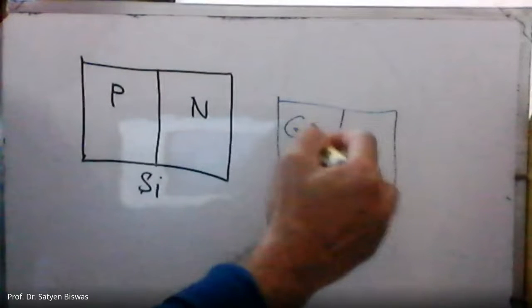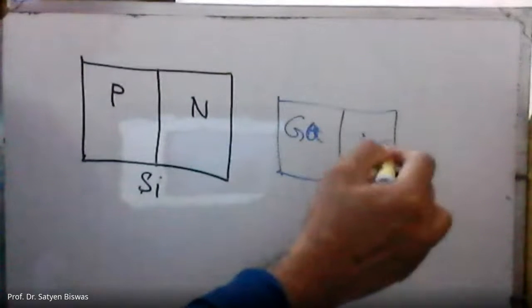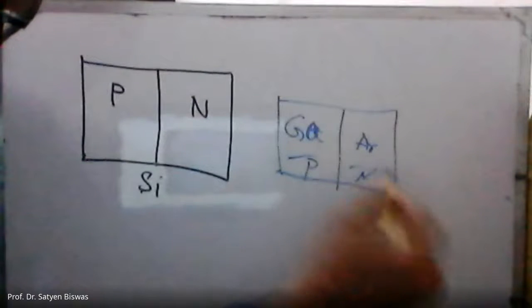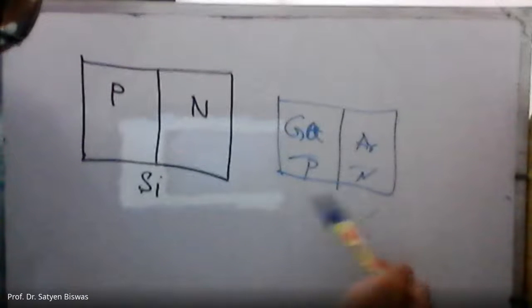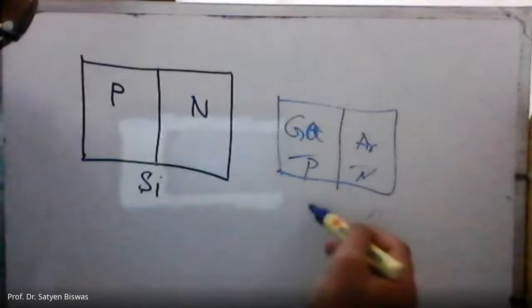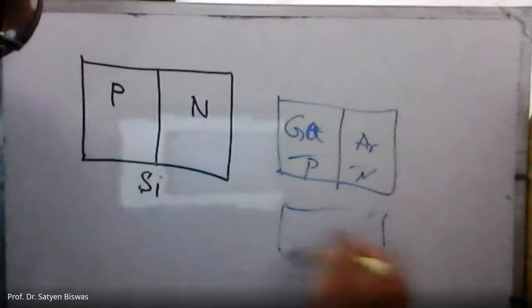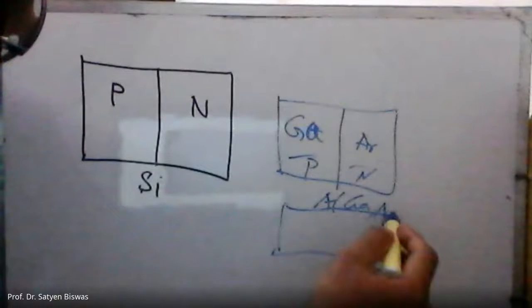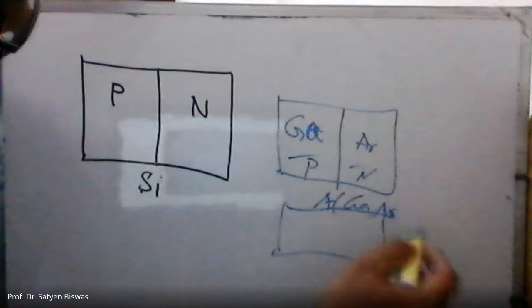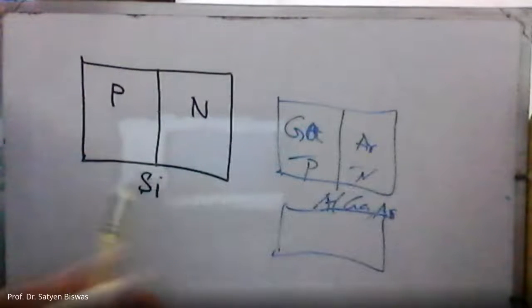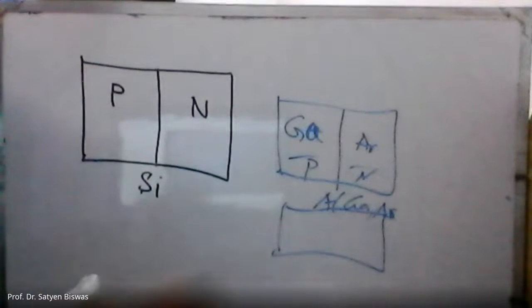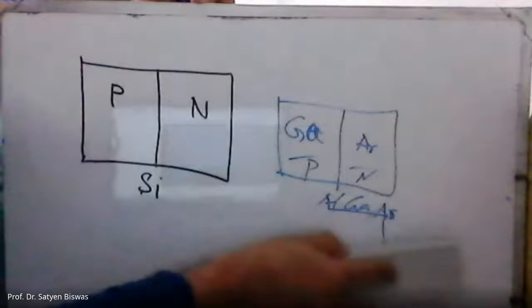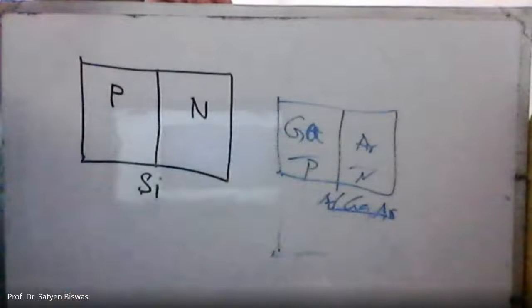This is P-type and this is N-type, but the base material is different. Or sometimes indium, aluminum gallium arsenide also. There are so many different materials, but we don't care about that. That is for advanced courses.